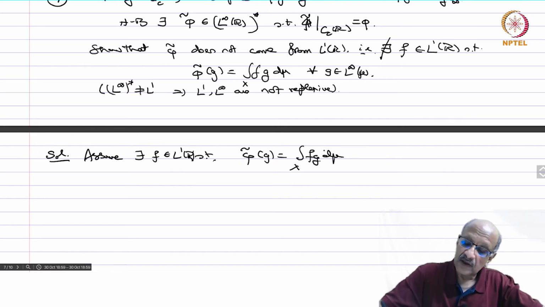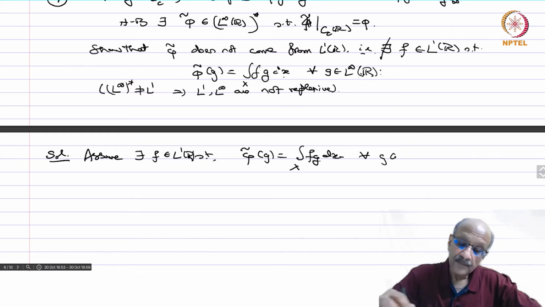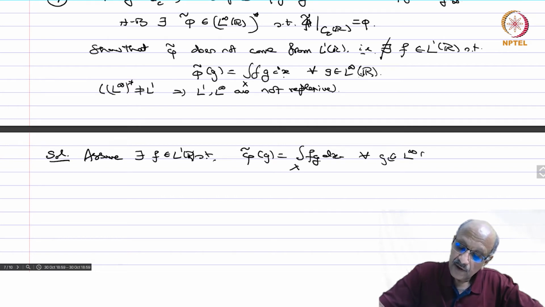In fact, we are talking about R, we are talking about Lebesgue measure, so let me put dx, for all g again. Okay, so one more mistake, sorry again. So L infinity, for all g in L infinity of R.